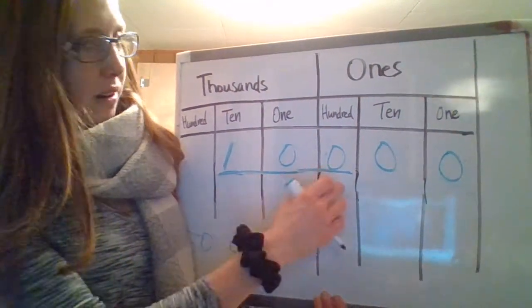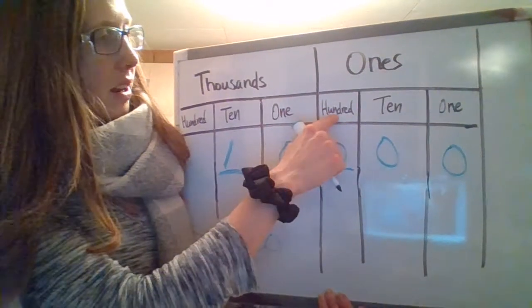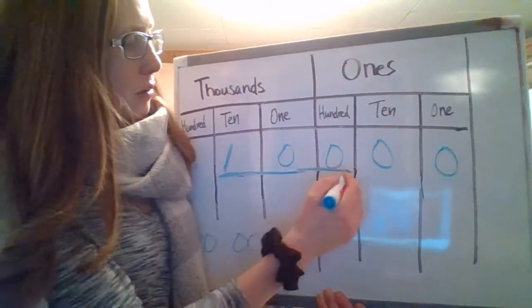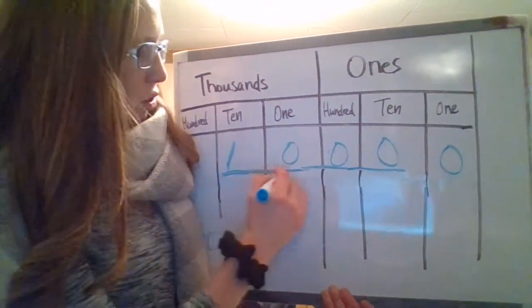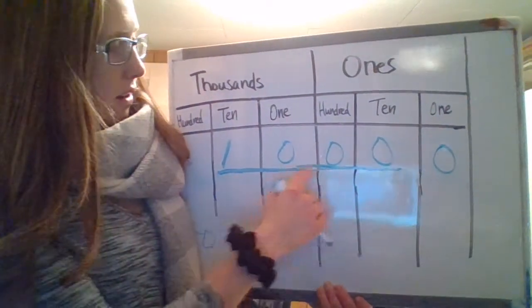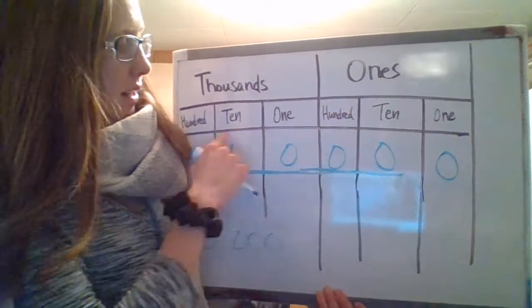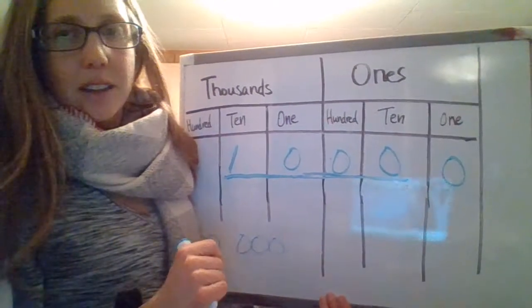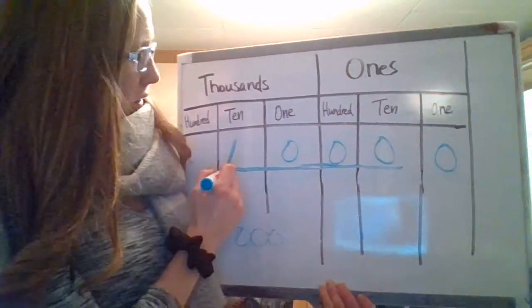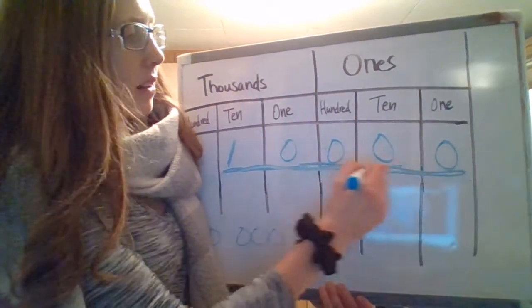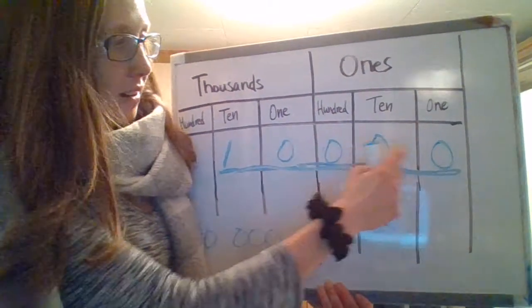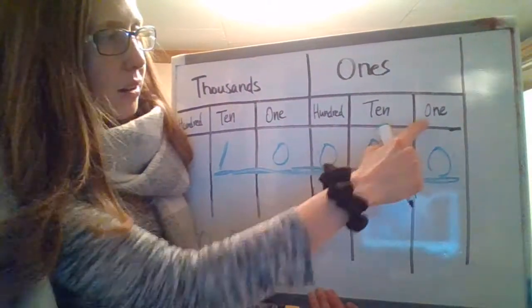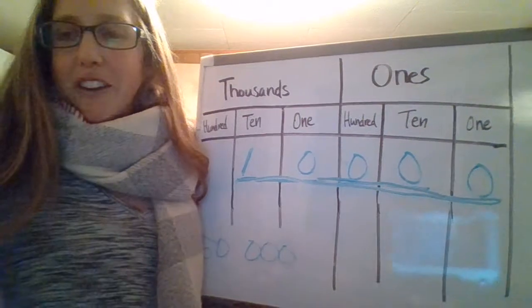I have 100 hundreds. How many tens do I have? I have 1,000 tens. How many ones do I have? That one's easy. I have 10,000 ones. All right. So I hope you find that easy.